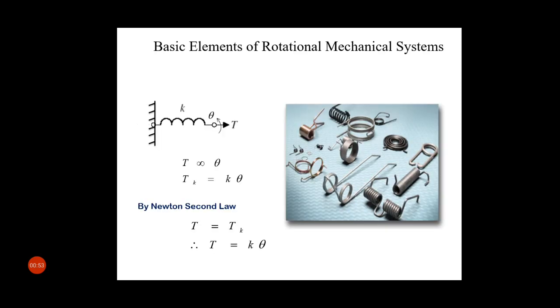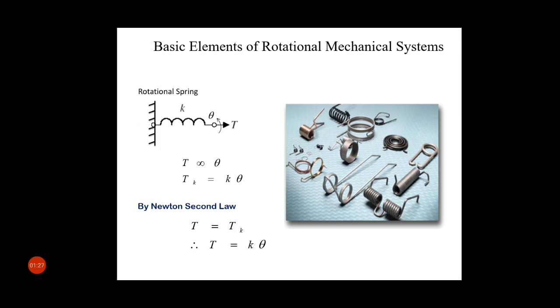First, we will discuss the first element, the rotational spring. A spring stores energy during the variation of its shape due to elastic deformation. The elastic deformation of the body can be represented by a spring constant.